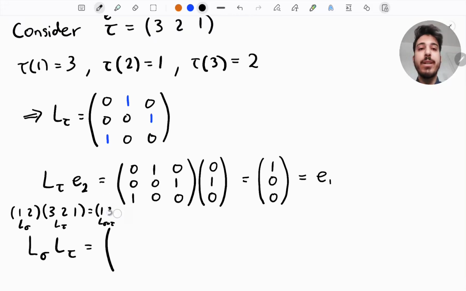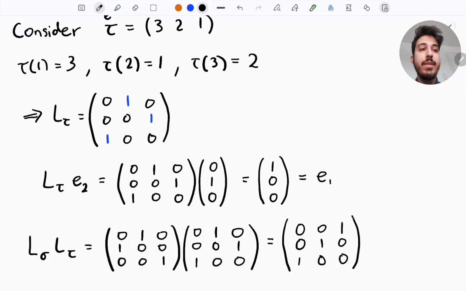Let us verify this fact. With a bit of computation, we see the following. So it gives us this matrix over here, and let us verify that it's indeed L of (1 3). In the first column, it is sent to the third row. In the second column, it is sent to the second row, and in the third column, it is sent to the first row.